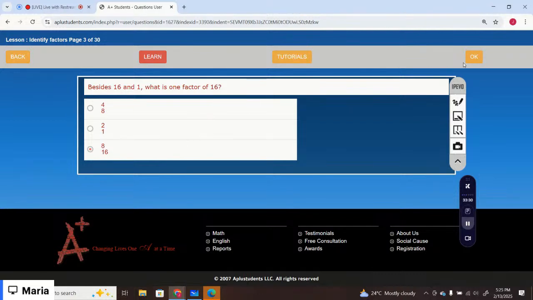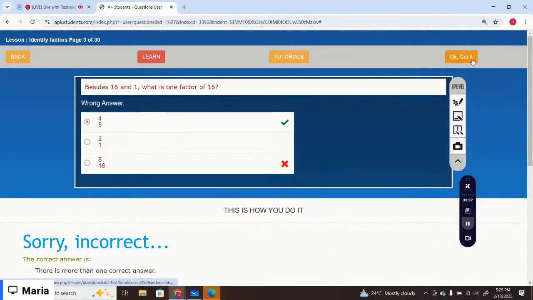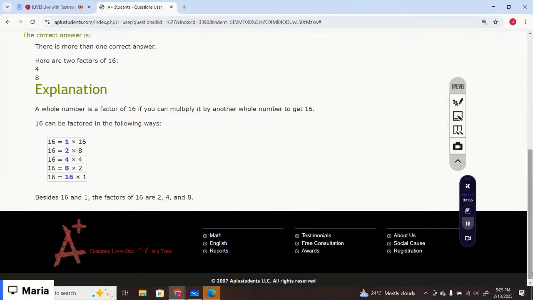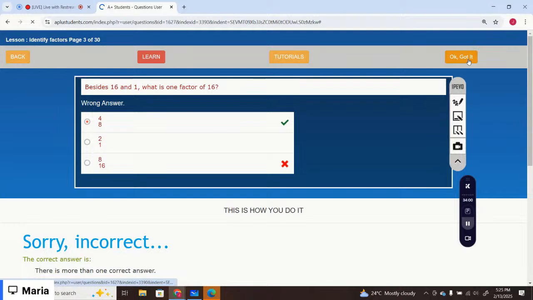They both are factors, but here all the numbers are factors: 4 and 8. Yes, there is more than one correct answer. Yes, right.